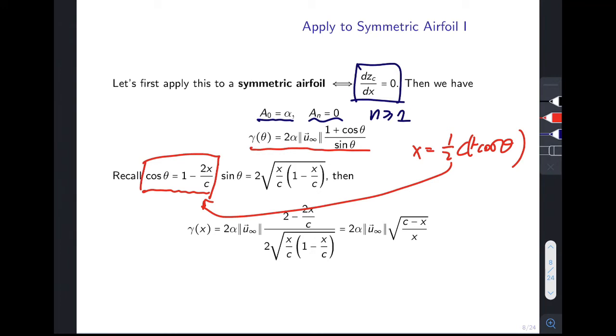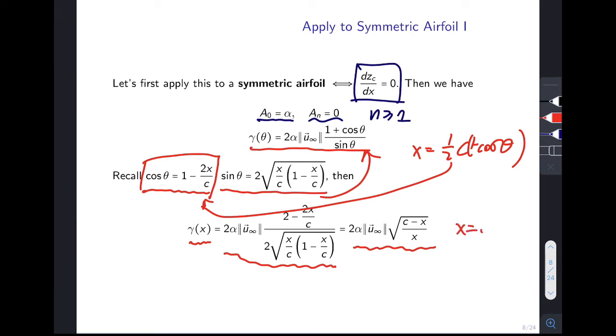Then by using the identity cosine theta squared plus sine theta squared is 1, we can back out sine theta as a function of x. Then we plug into the equation right here, and we get gamma as a function of x, and after a little bit of arrangement, the expression looks like this.